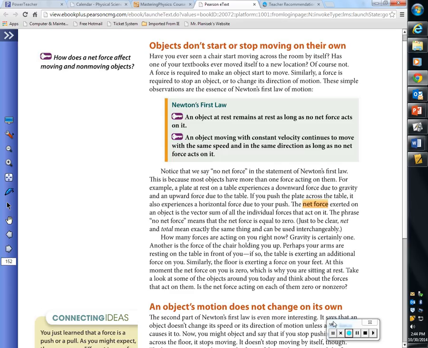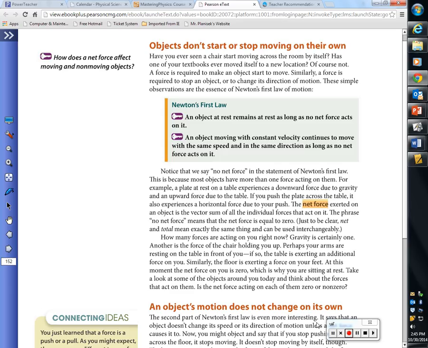Is there any change going on in either one of those? If something is remaining at rest, or moving with the same speed in the same direction, there's no change in either one. What does that mean about the acceleration in both of those key points? There is no acceleration. Both of these situations describe zero acceleration.